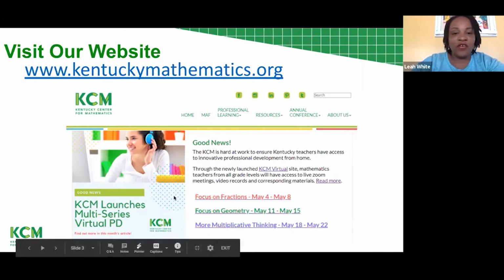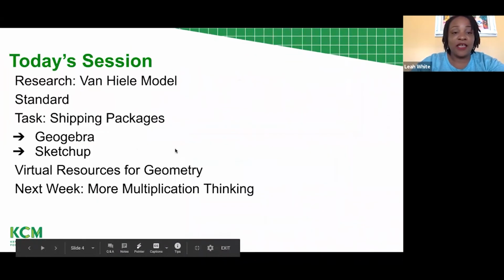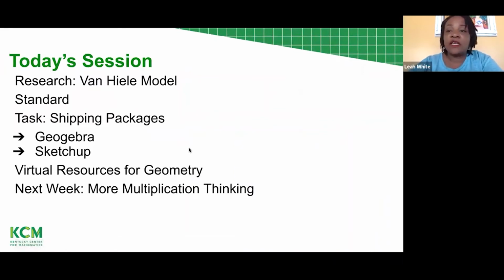So today we are going to be talking a little bit about the Van Hiele model. I know you've heard that from the presenters earlier this week, so I'll try not to be redundant, but I want to touch base on the particular levels 2 and 3. Those are the levels that students should be aiming towards in high school. Then we're going to address the standards for a task that I've selected.